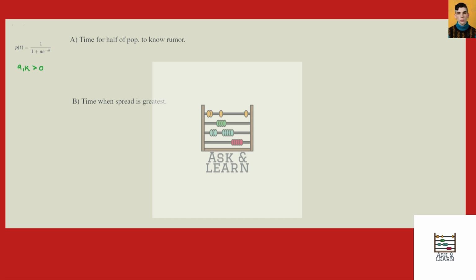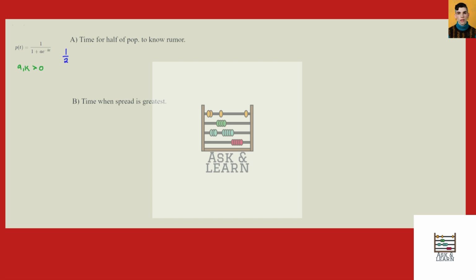So this first part here, this means we want it to be 1/2 since P of t will tell us the proportion that will know.